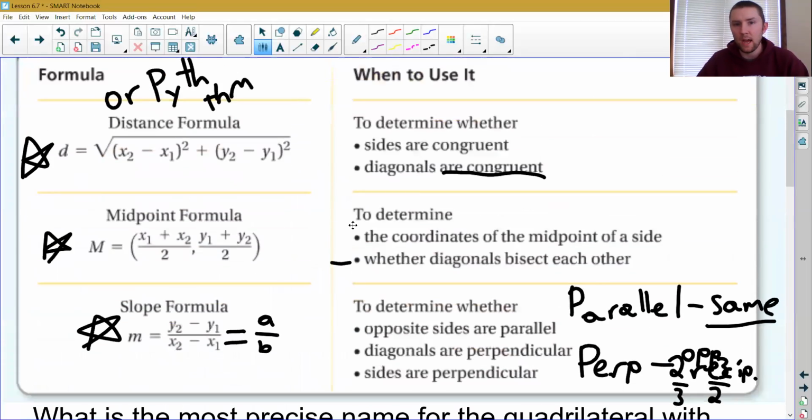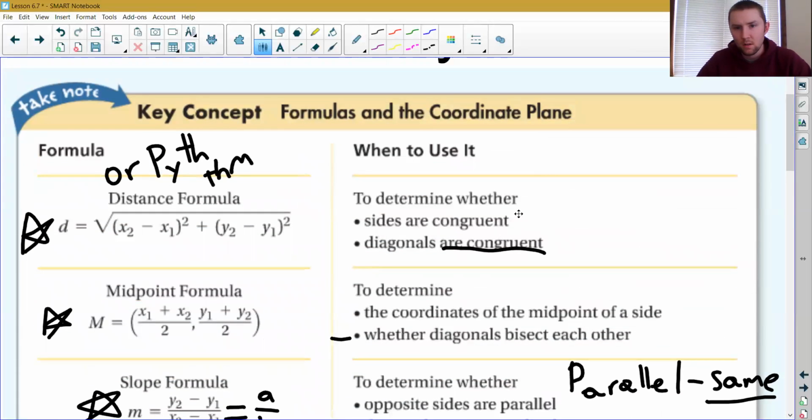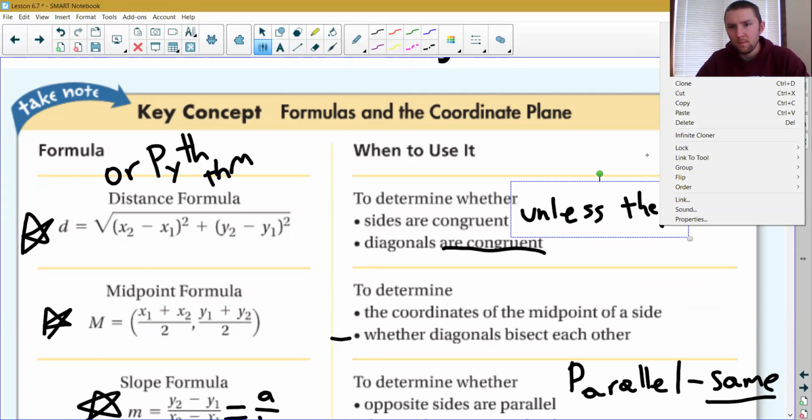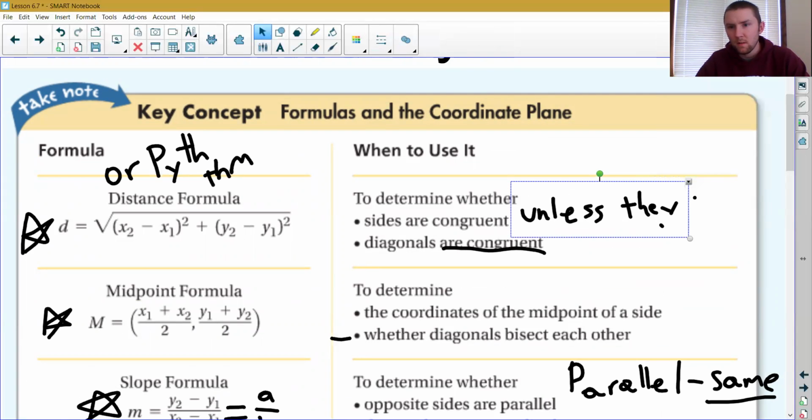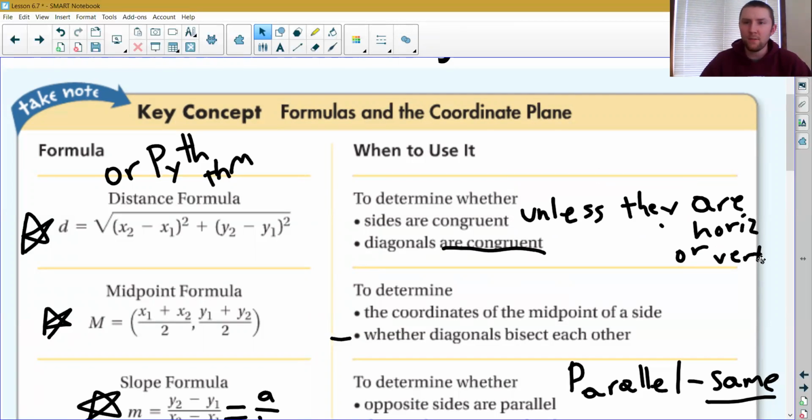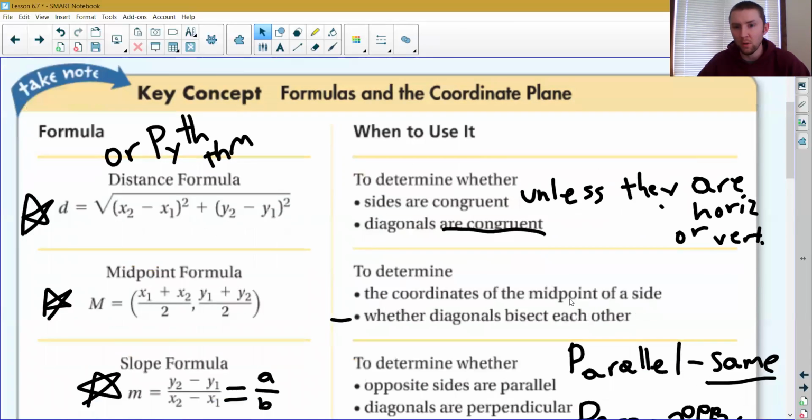The exception to that is unless they are horizontal or vertical. If the lines are horizontal or vertical, you don't have to use the distance formula. Why?